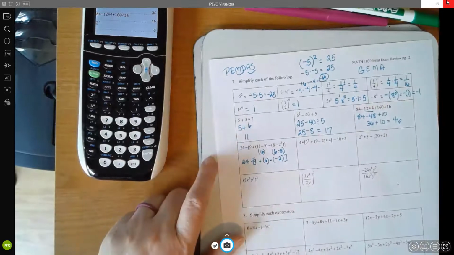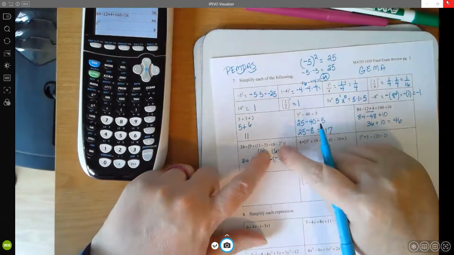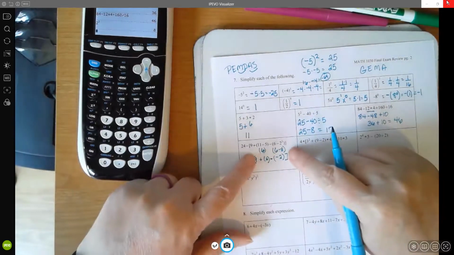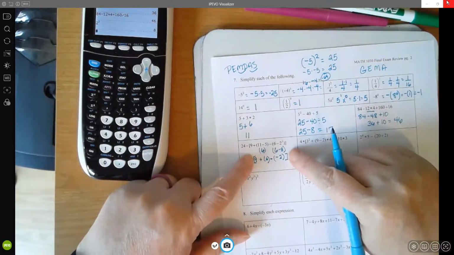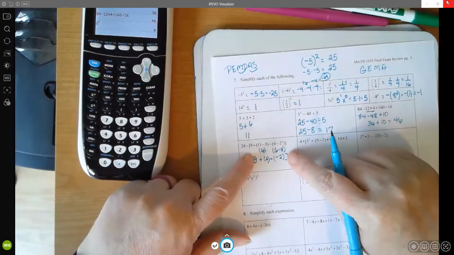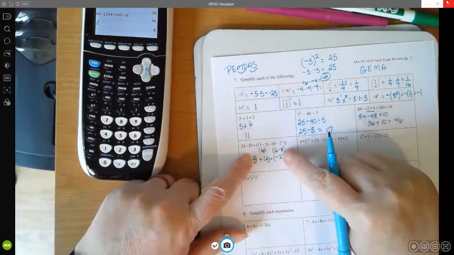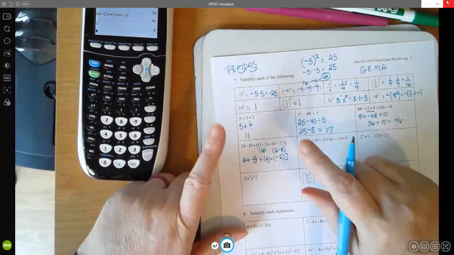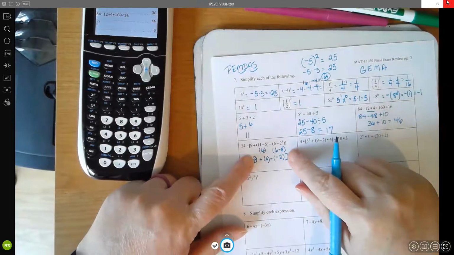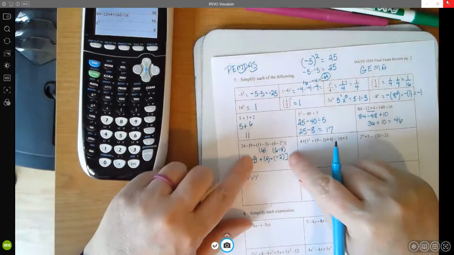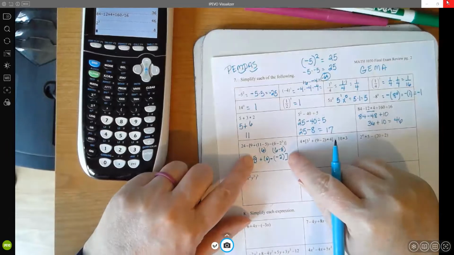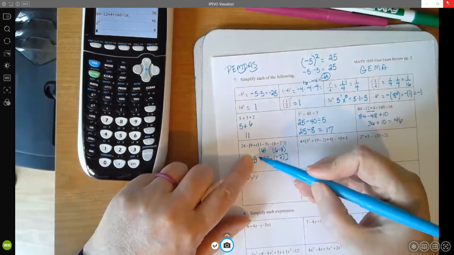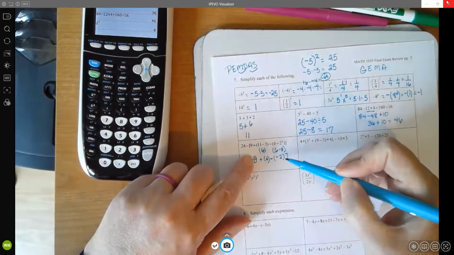So the next size, I've done the smaller parentheses. This is the next size. So I don't want to do any subtract or anything out here, any kind of multiplication. I just want to look inside that next size parentheses. Notice I cover up everything outside. That's what my fingers are for. So inside I have 9 plus 6 minus a negative 2.